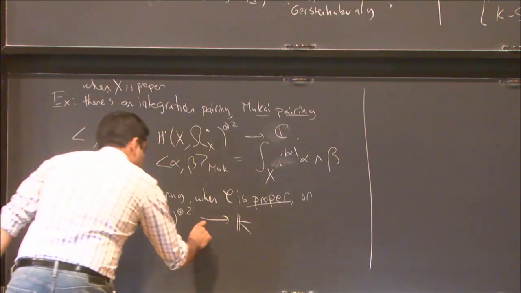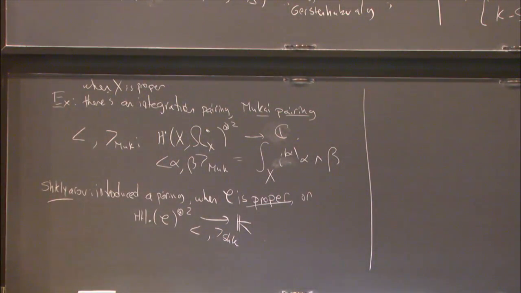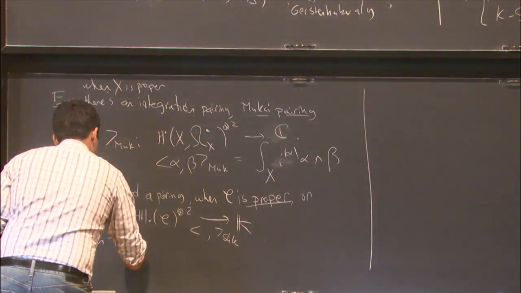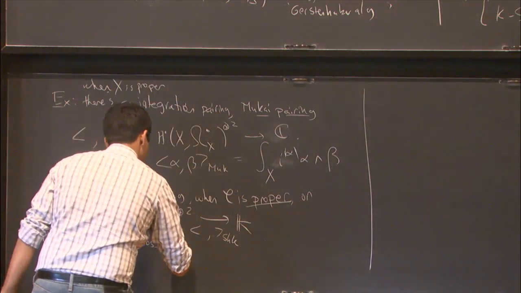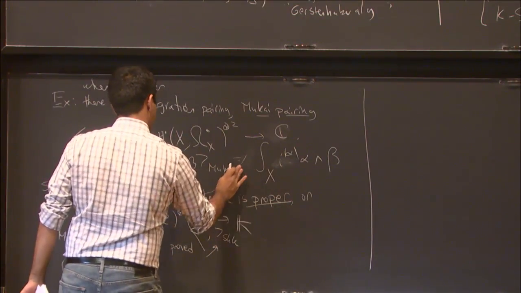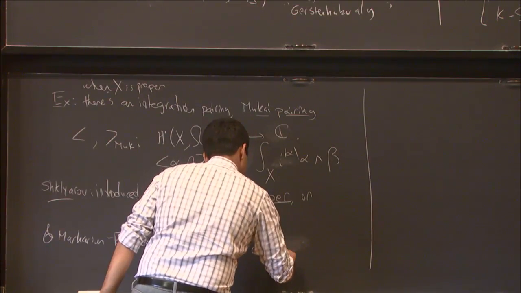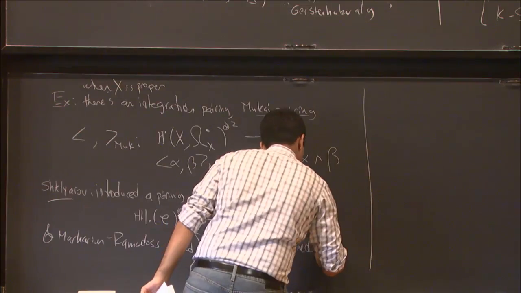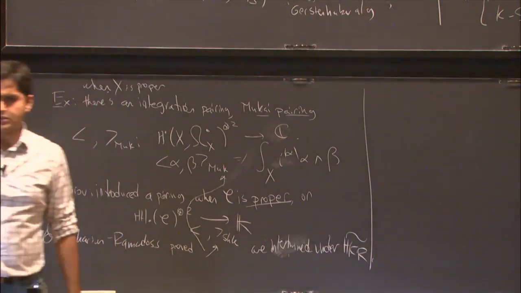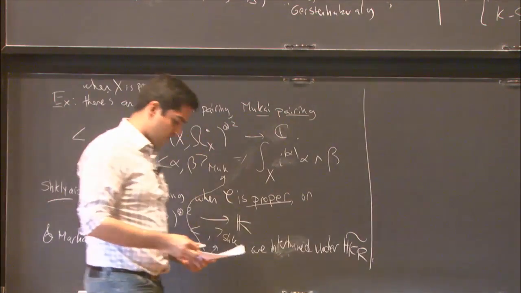OK, so let me call this pairing bracket SHK. And Markarian and Ramadas proved that these two pairings are compatible or are intertwined under this corrected HKR map. OK, so what is this pairing? That's what I want to really talk about.